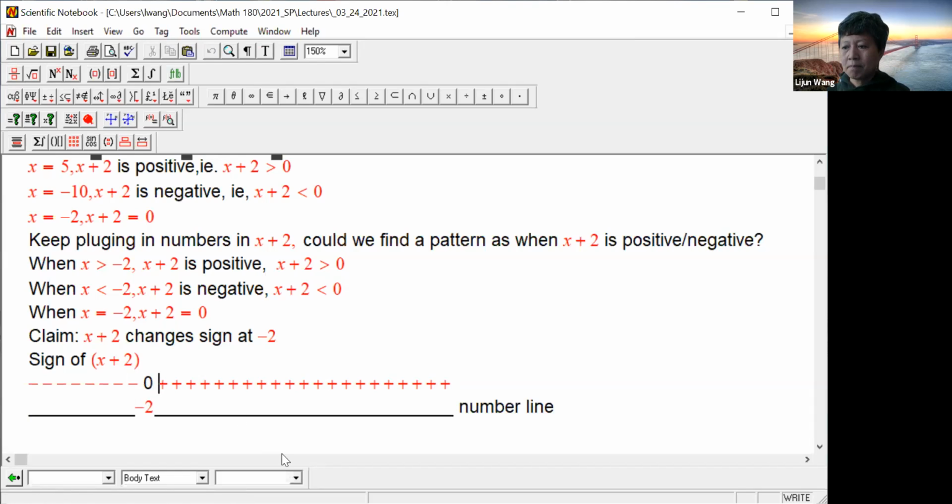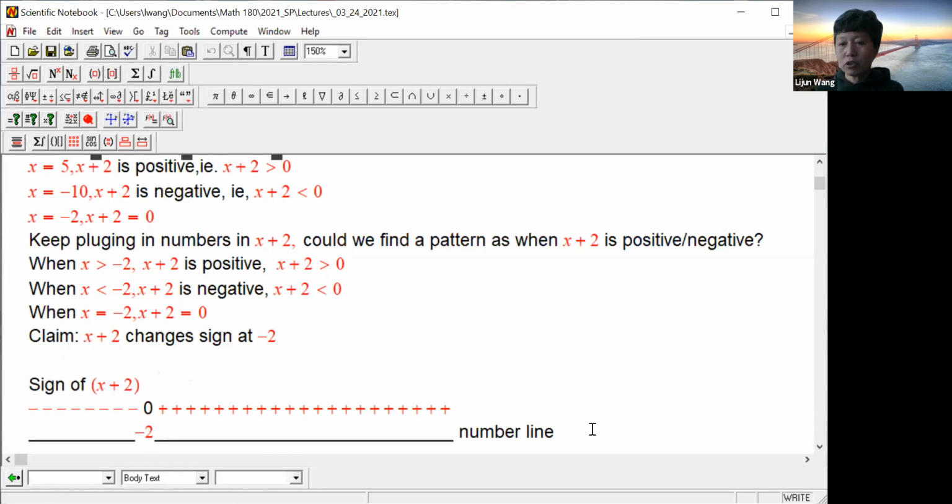Yeah? So this graph is a shorthand version of what we just discussed. When x is larger than -2, x plus 2 is positive. When x is -2, x plus 2 is 0. When x is less than -2, x plus 2 is negative. Do you follow me? Does everybody follow me?